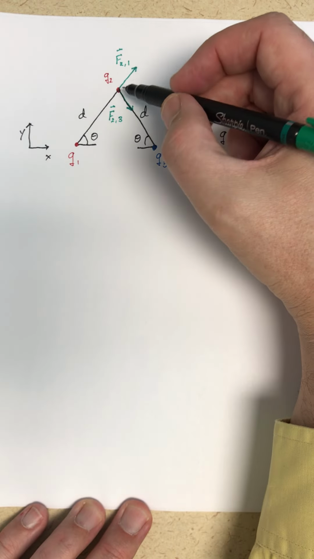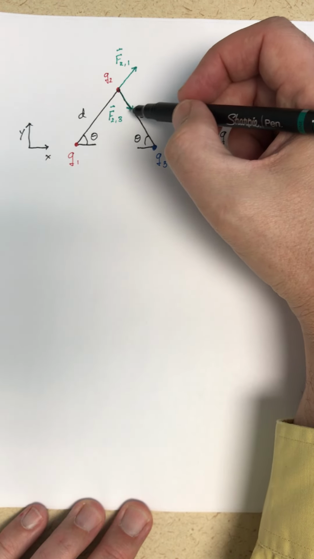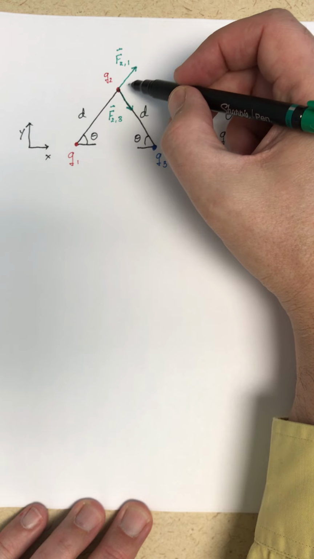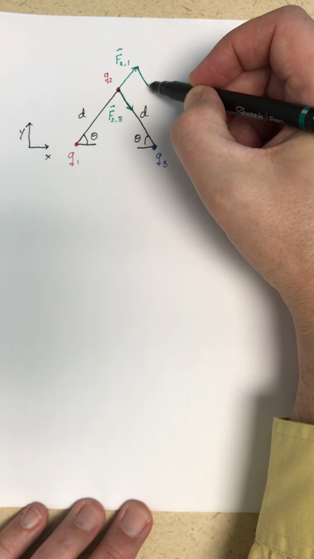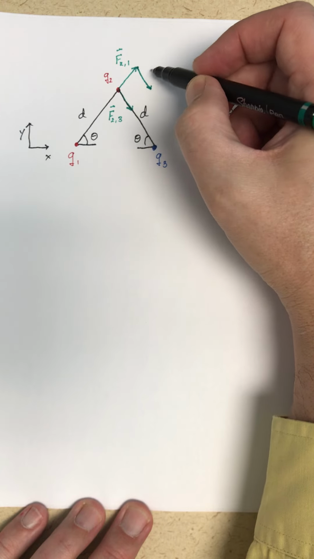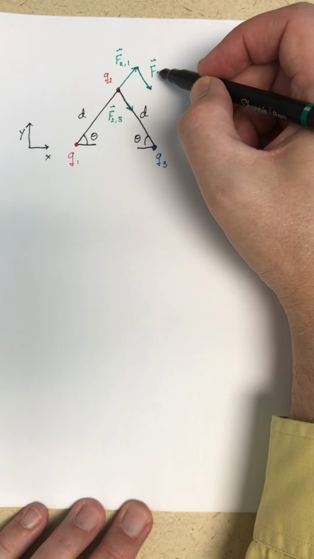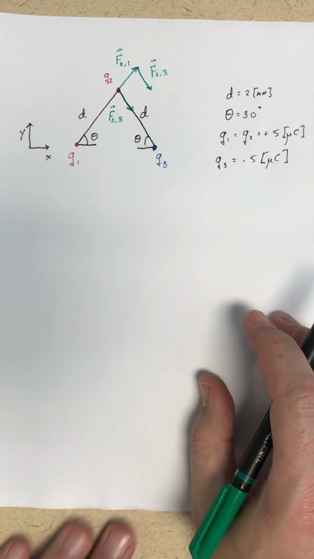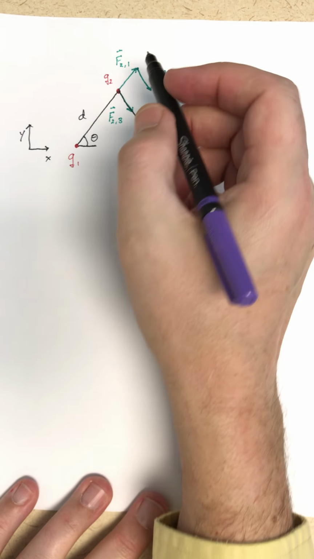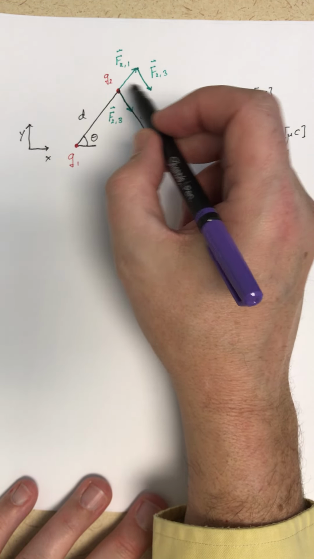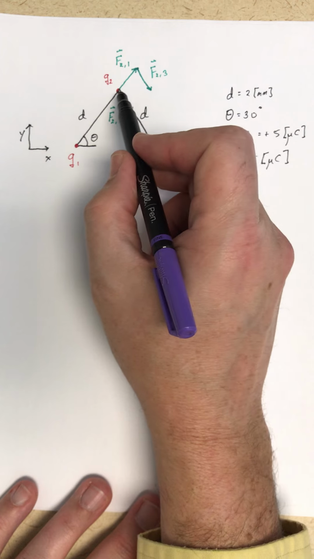Alright, to get the net force, I'm going to take the force on 2 due to 3, transport it parallel to itself. And so now I've arranged the vectors so that they're head to tail. And remember how to take the sum of vectors in the graphical method. Arrange the vectors head to tail, all the ones that you want to add together.